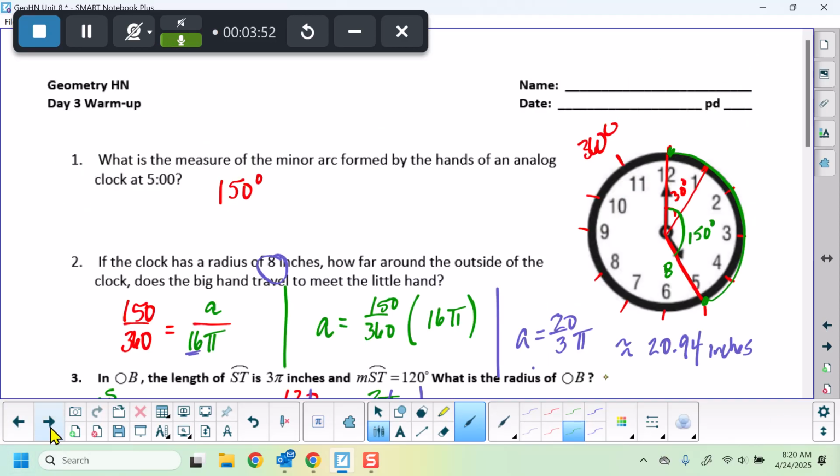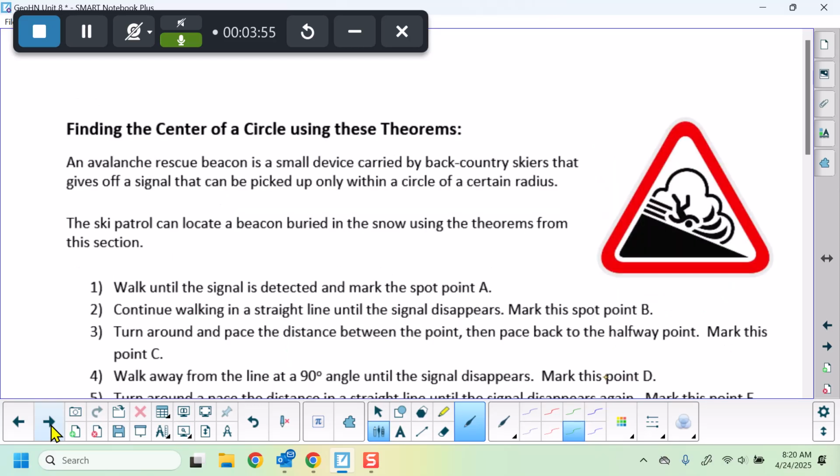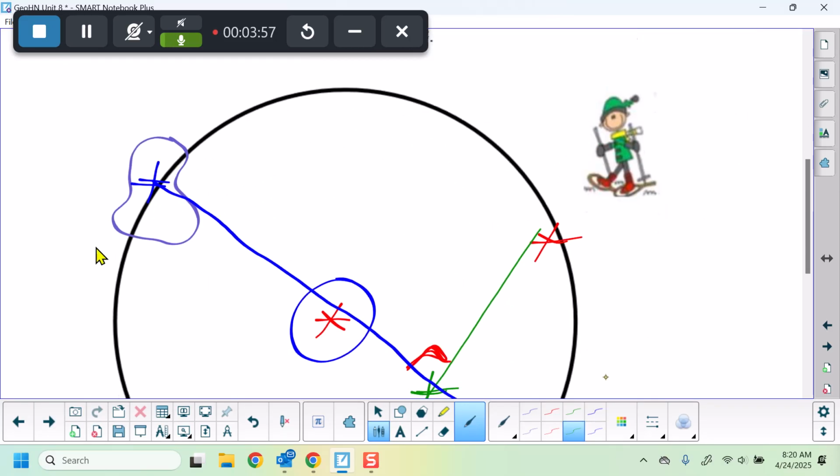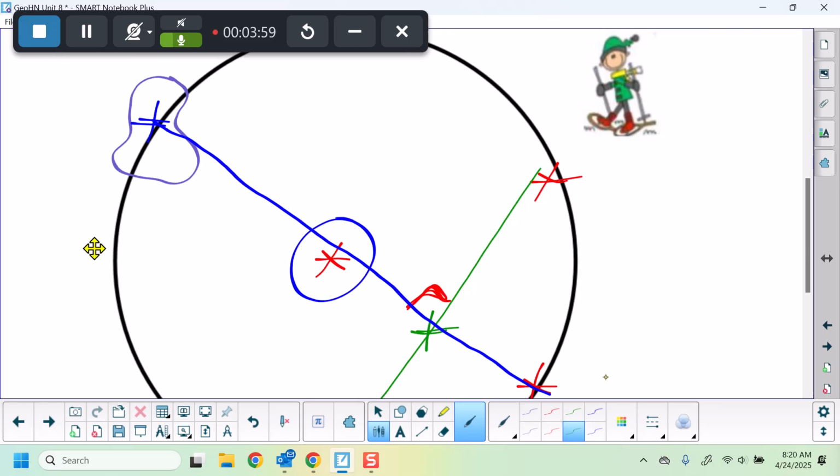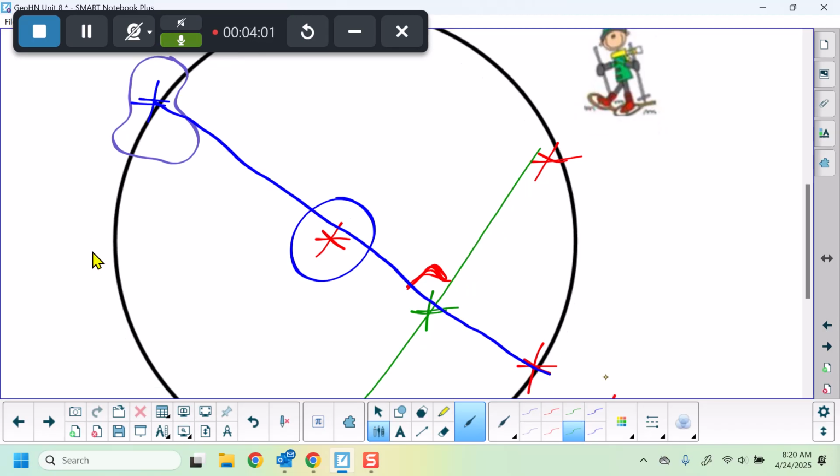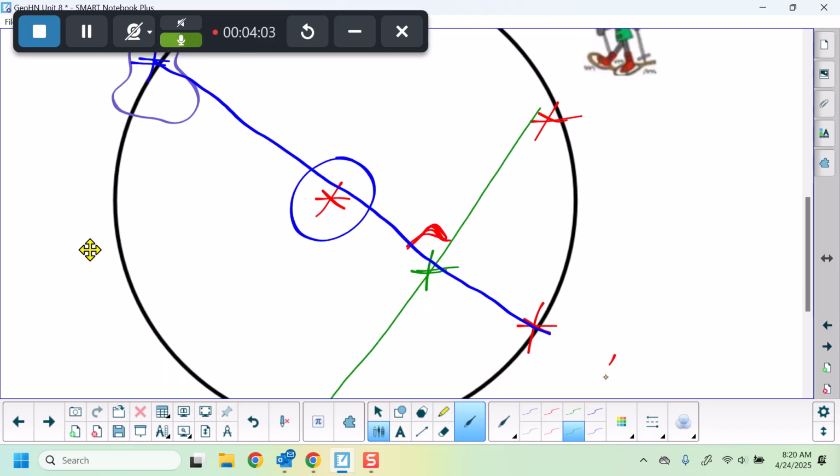When we talked about some of our angle and chord relationships, this story is really the biggest one, because these three things all play into one big idea.